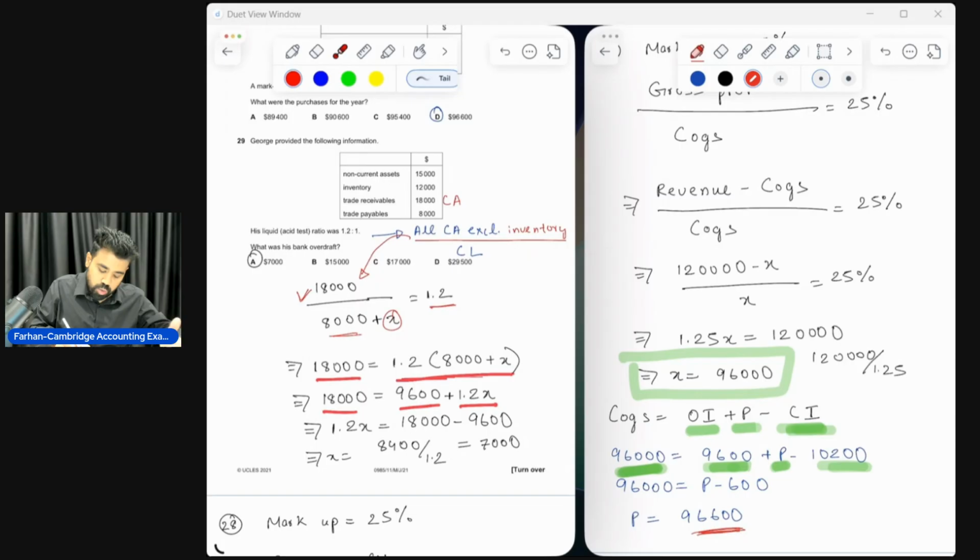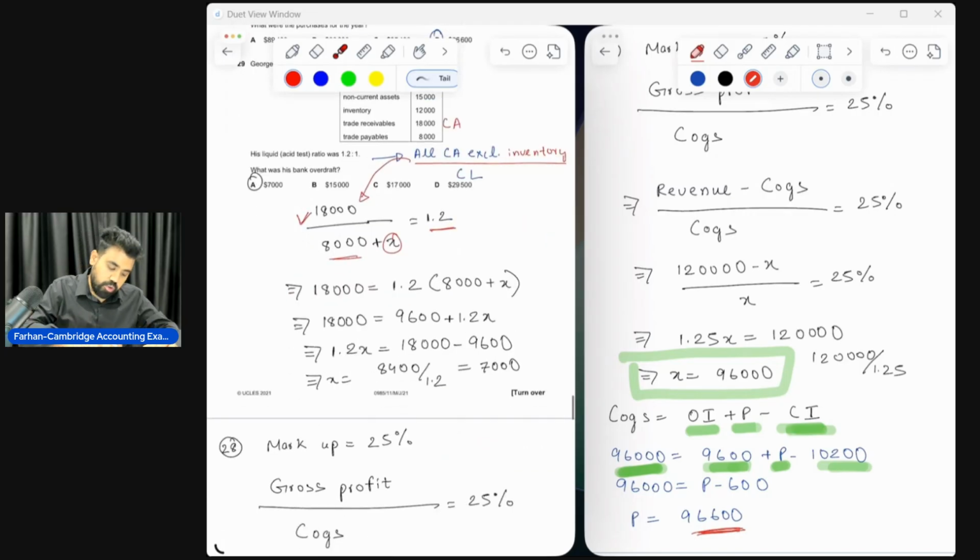Then if we make 1.2X the subject, 18,000 minus 9,600, that's the difference we have got. So then X is simply 8,400, which is the difference between 18,000 and 9,600, divided by 1.2, that is 7,000. So bank overdraft must be $7,000, okay?